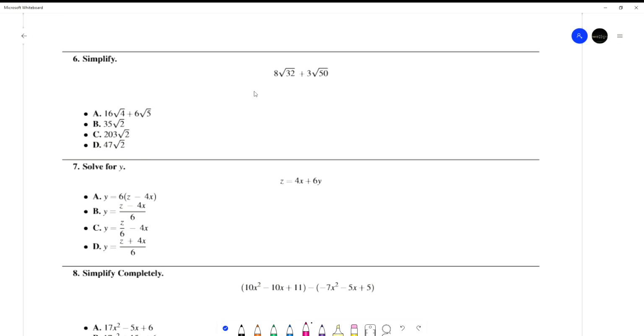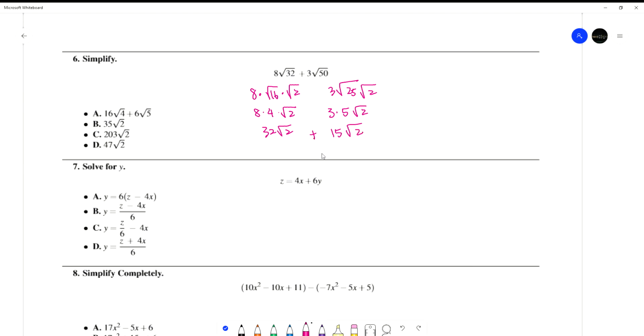That means 8 times radical 16 times radical 2 gives us 8 times 4 times radical 2, which is 32 radical 2. And then the radical 50, so I have 3 times radical 25 times radical 2, which is 3 times 5 radical 2, giving me 15 radical 2.